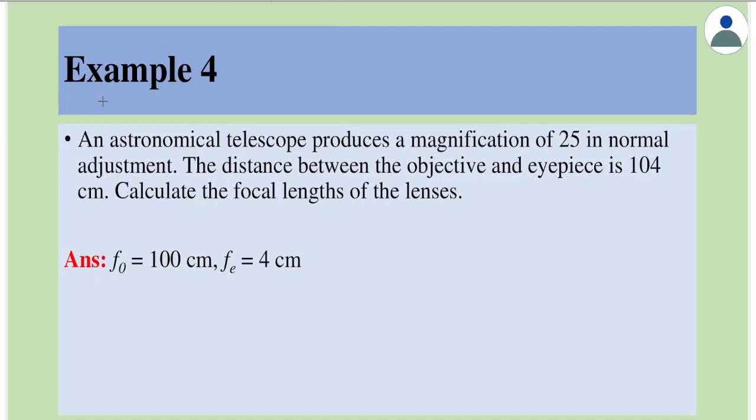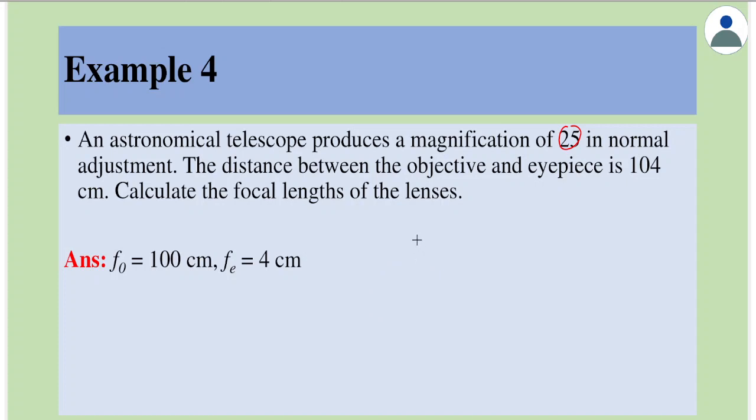Example 4 says an astronomical telescope produces a magnification of 25 in normal adjustment mode. The distance between the objective and eyepiece is 104 centimeter. Calculate the focal length of the lenses.